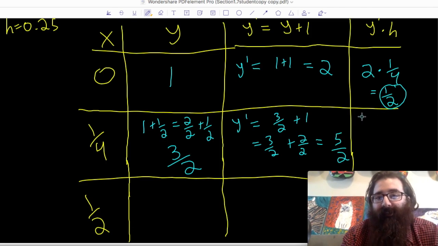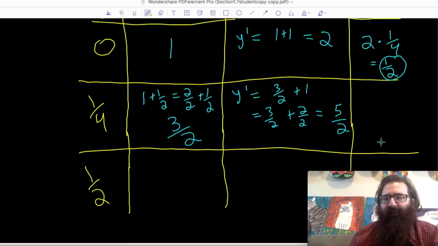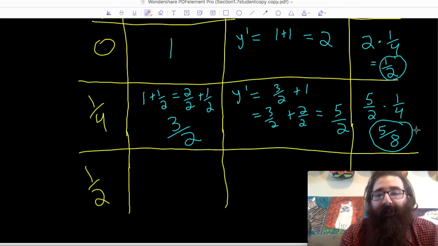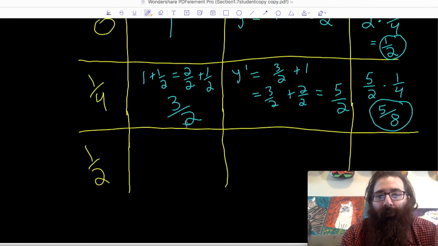And I want to bring this into the next cell where I have to multiply it by h. And h isn't changing. So I have 5/2 times h is still 1/4. And that's going to give me 5 over 8. Now I want to take this value to get my new y value, I have to add it to my current y value.